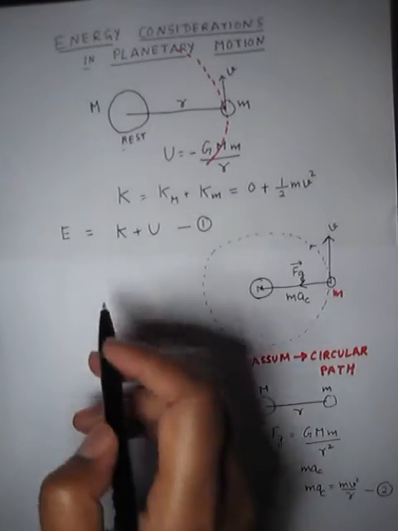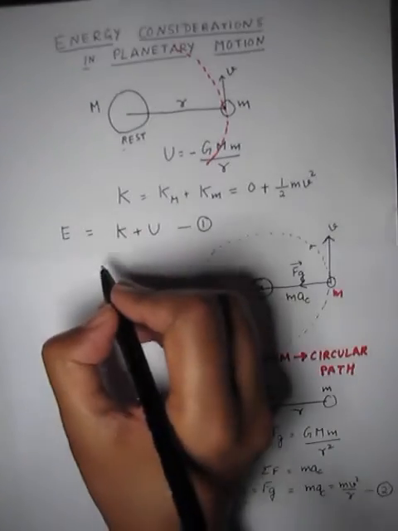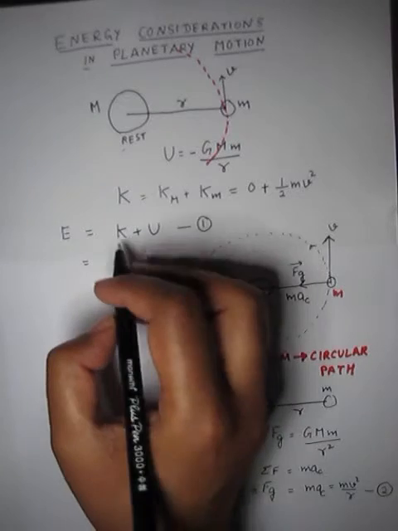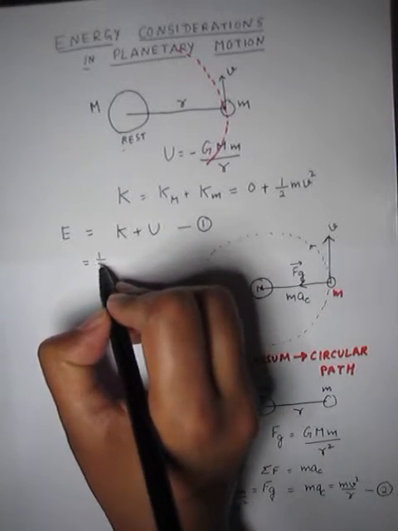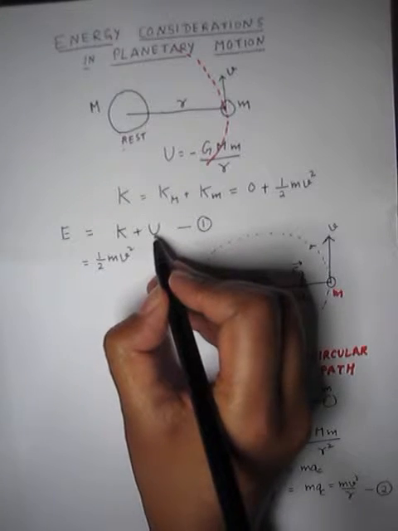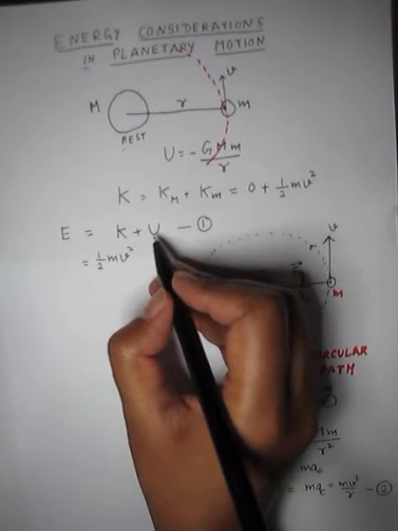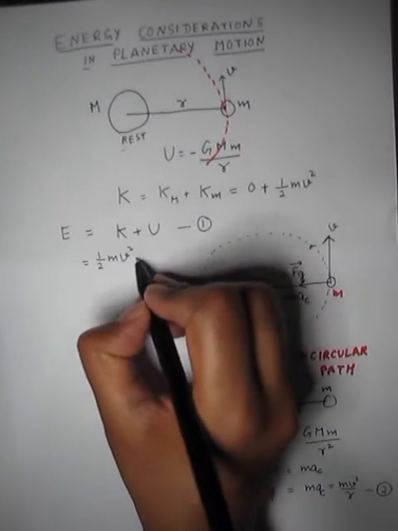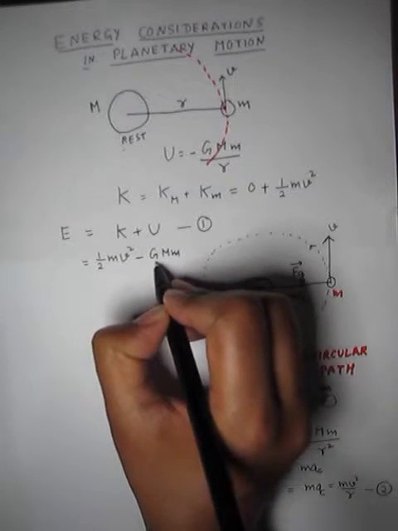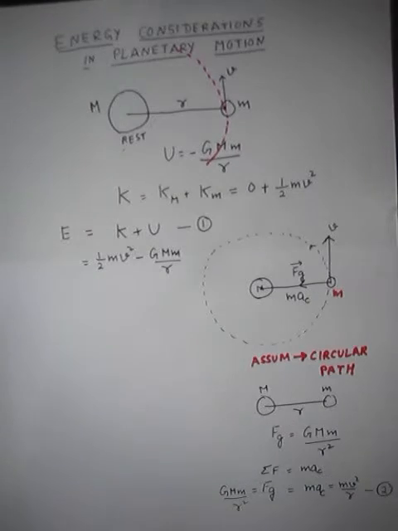Now let's come back to our energy equation and put in the values of kinetic energy and potential energy. The total kinetic energy of the system will be 1 upon 2 small m v squared, and potential energy will always be negative, so minus capital G capital M small m upon r.